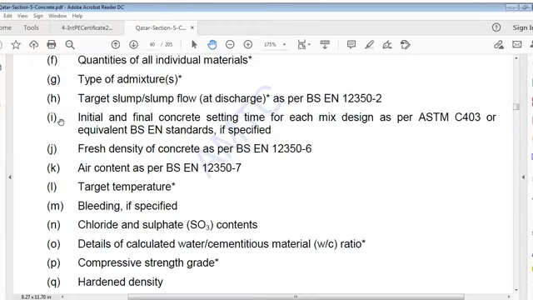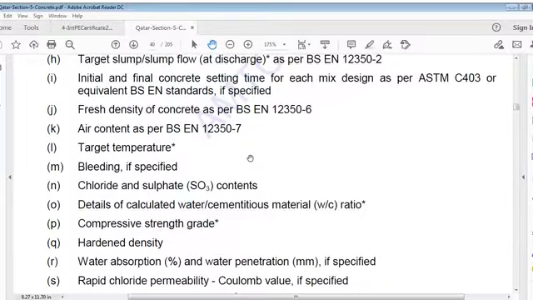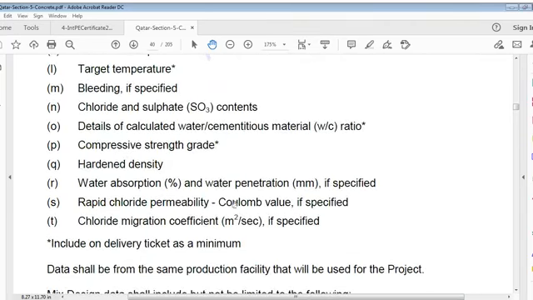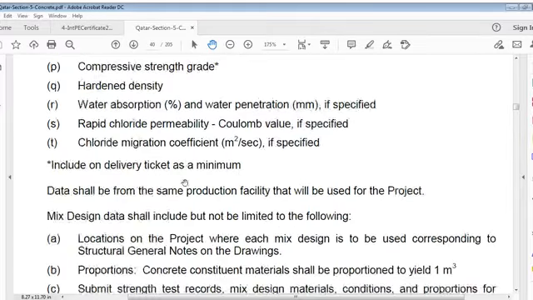According to ASTM C402 or equivalent BS EN standards: if specified, fresh density of concrete per BS EN 12350-6, air content per BS EN 12350-7, target temperature, bleeding if specified, chloride and sulfate SO3 contents, details of calculated water per cementitious materials, that's called water-cement ratio, and compressive strength grade, hardened density, water absorption percentage and water penetration if specified, rapid chloride permeability, coulomb values specified.